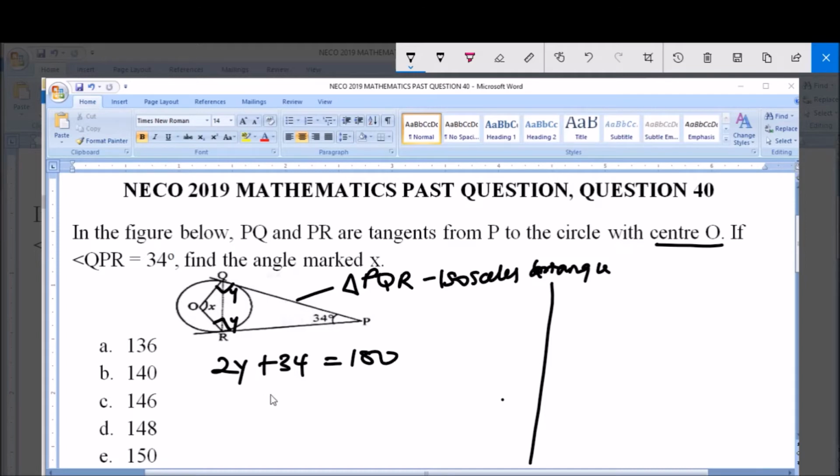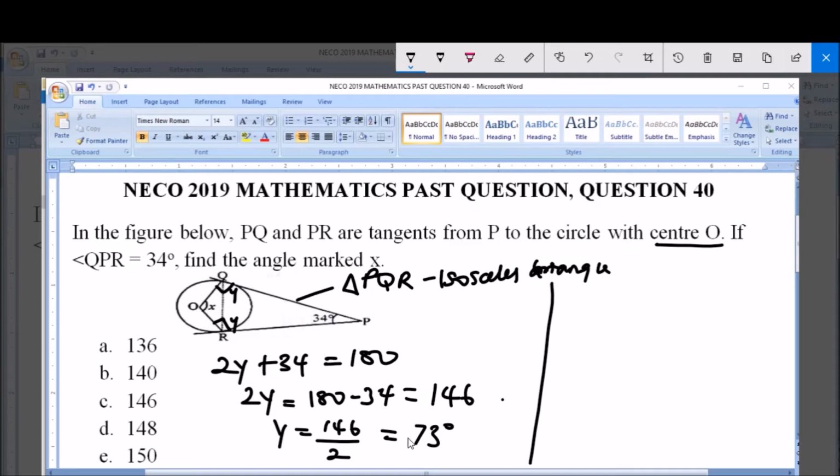From here we have that 2y is equal to 180 minus 34, which is equal to 146. Now y is equal to 146 divided by 2, which is equal to 73 degrees. So each of these base angles is 73 degrees. That is, the base angle of this isosceles triangle PQR is 73 degrees.